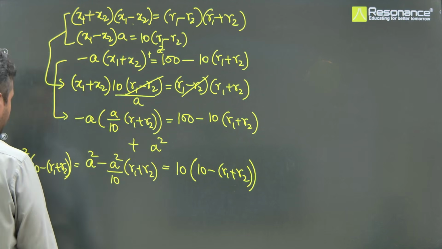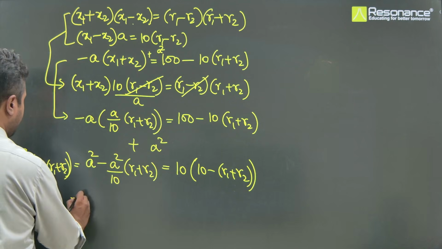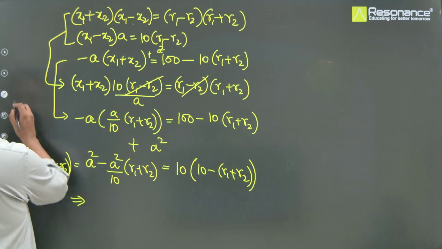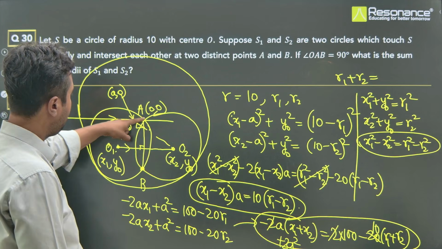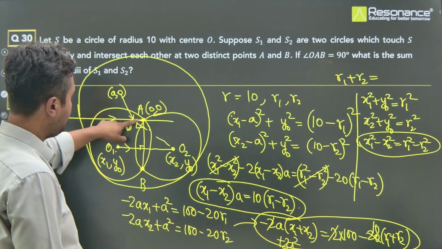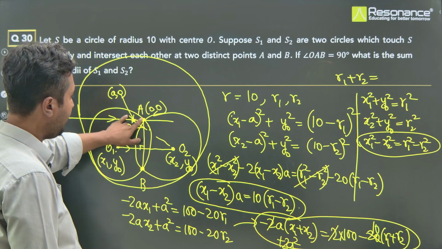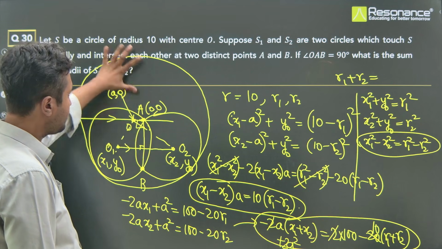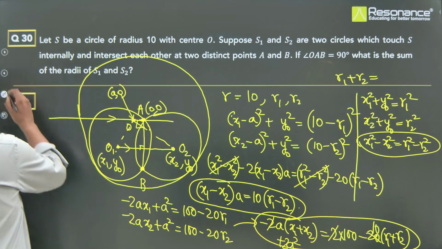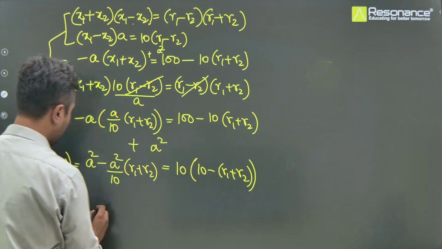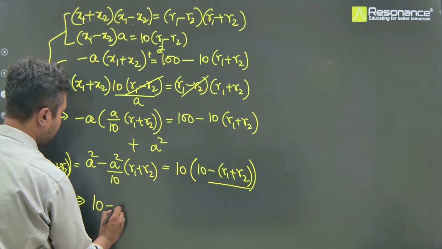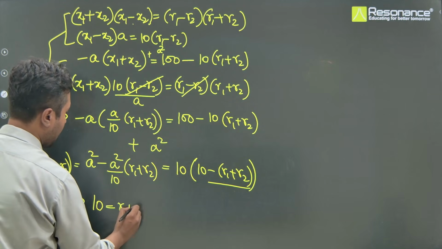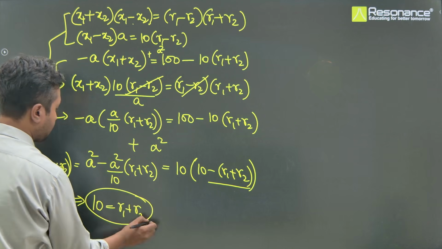Yeah, so all I did is, either a is 10. Let's see if a equal to 10 makes any sense. If it is equal to 10, then the distance between O and A would be equal to the radius of the big circle. Anyway, that gets ruled out. So what should happen is these two factors, you can't just strike them off. Therefore, 10 must be equal to R1 plus R2.